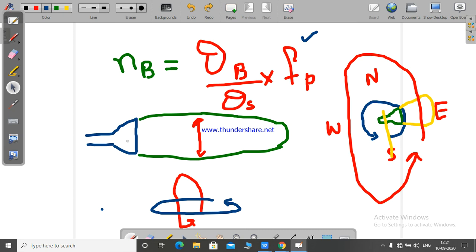If you take a torch, the light is also diverging, it has some beam width. Here also it is the same thing. With the help of a horn antenna we are propagating radio electromagnetic waves. It will look like some beam. That is the beam width, and the beam width is divided by theta s. Theta s is the rotation, the scanning rate.